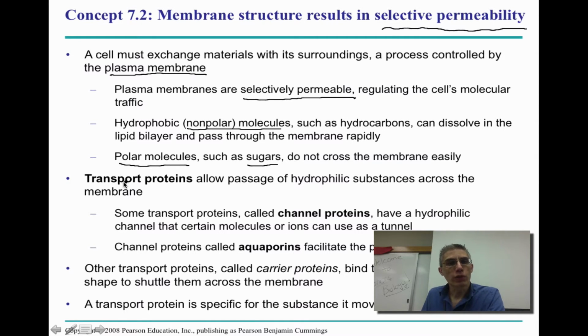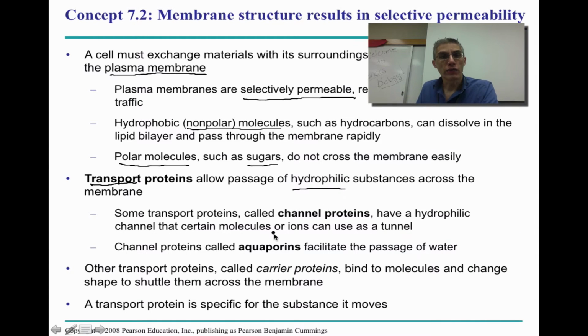So we do have special proteins called transport proteins, which are going to allow the passage of the hydrophilic substances across the membrane. Some transport proteins called channel proteins are going to have a hydrophilic channel that certain molecules or ions could use as a tunnel. And in fact, when it comes to the passage of water, we have a special channel protein called an aquaporin, which is going to facilitate the passing of that water across the membrane.